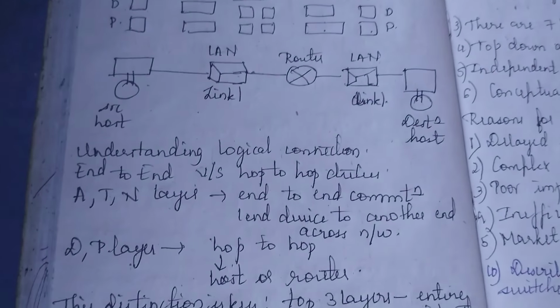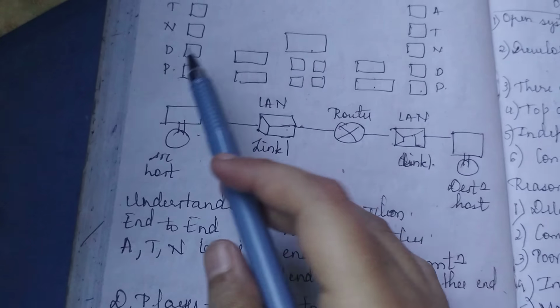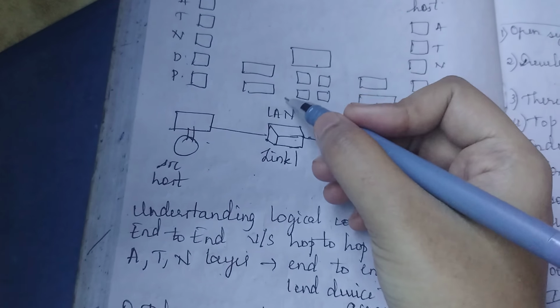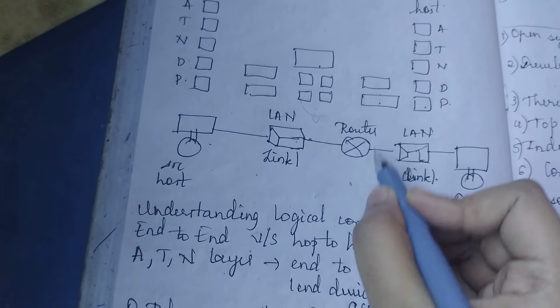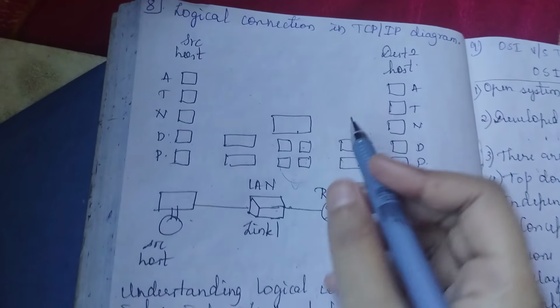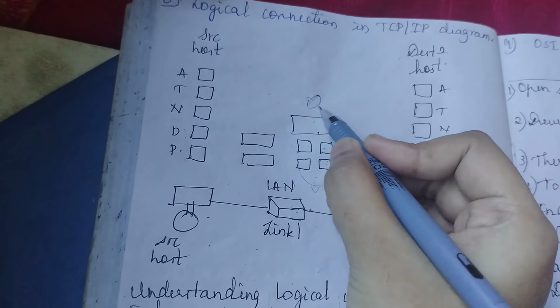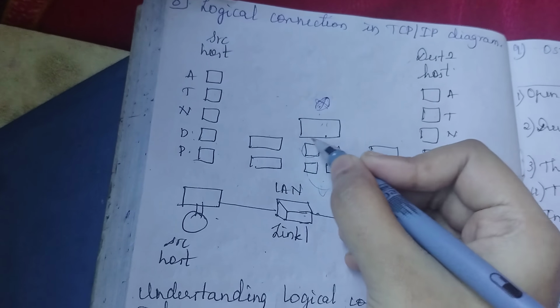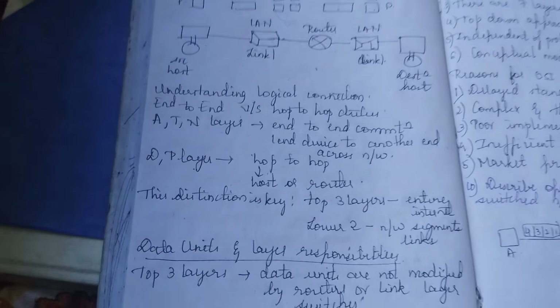The router and data layer is also called the data link layer. This router thing is nothing but the OSI model. So at the data link layer of the router, this can be modified. That's it.